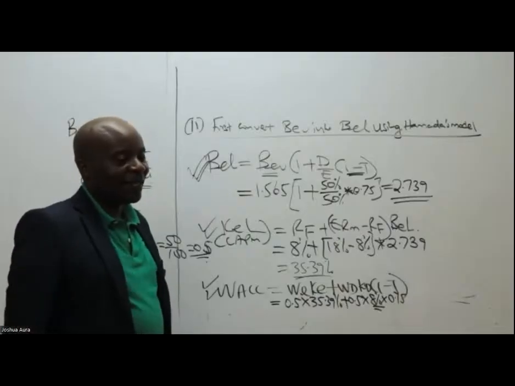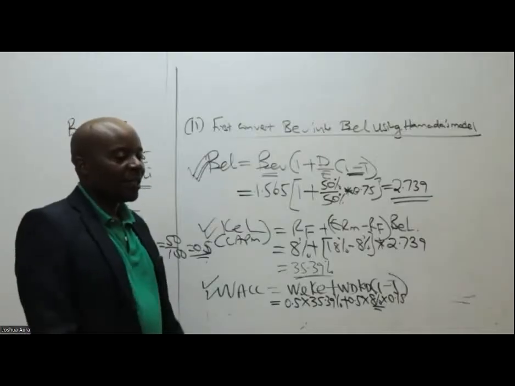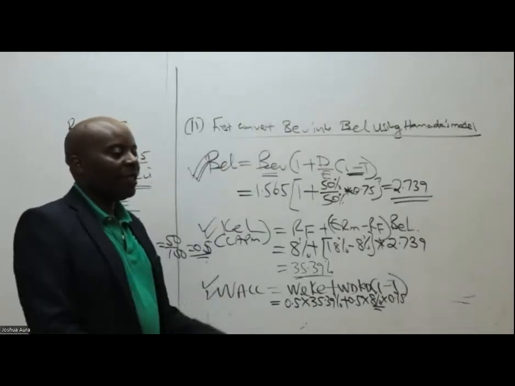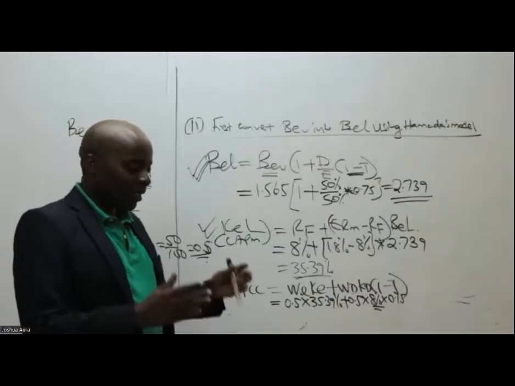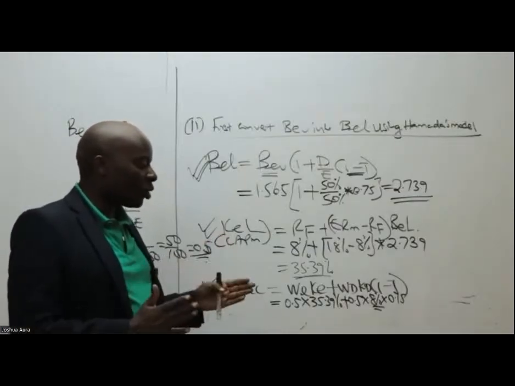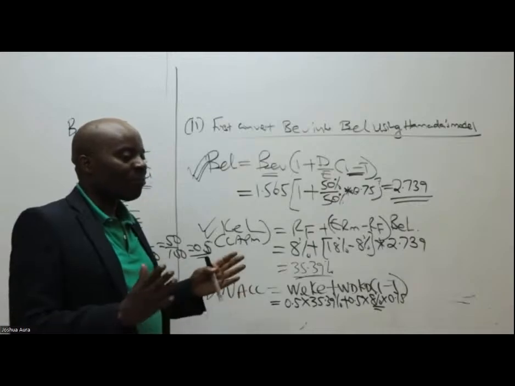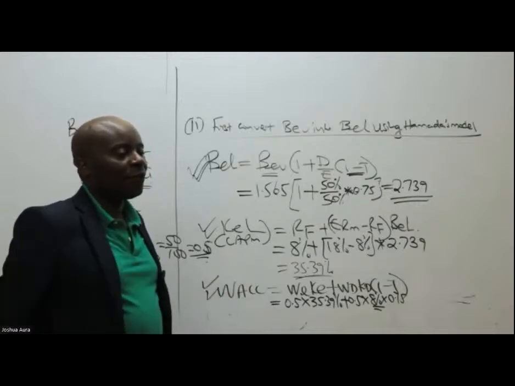A risk-free rate. Because debt, in most cases nowadays, is secured. Debt is secured, has collateral. So in the event that the cost of debt has not been provided, always take it to be the same as the risk-free rate of return.